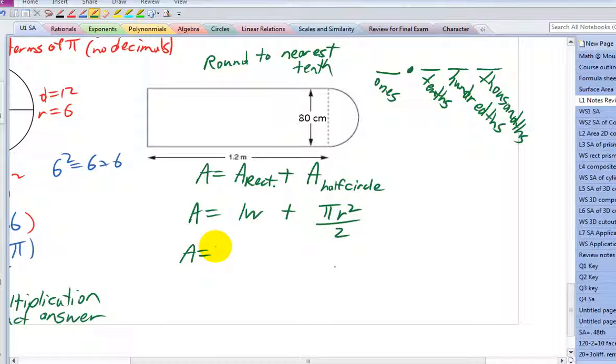What do you notice here? Anything interesting with their numbers? 1.2 and 80. Yeah, the units, right? So this should be 120 centimeters. Times it by 100. So it'll be 120 times 80, or 8 times 12, right? Plus the zeros. Pi times what squared? Divided by 2.